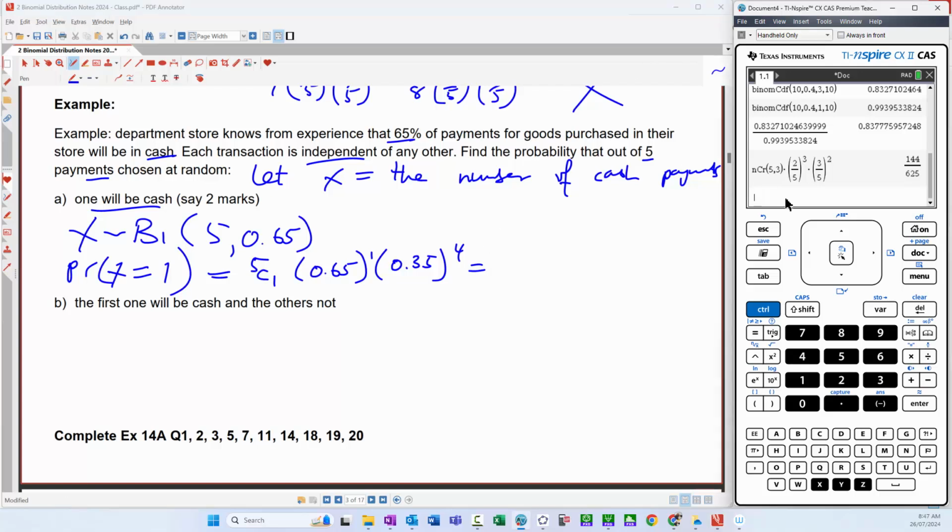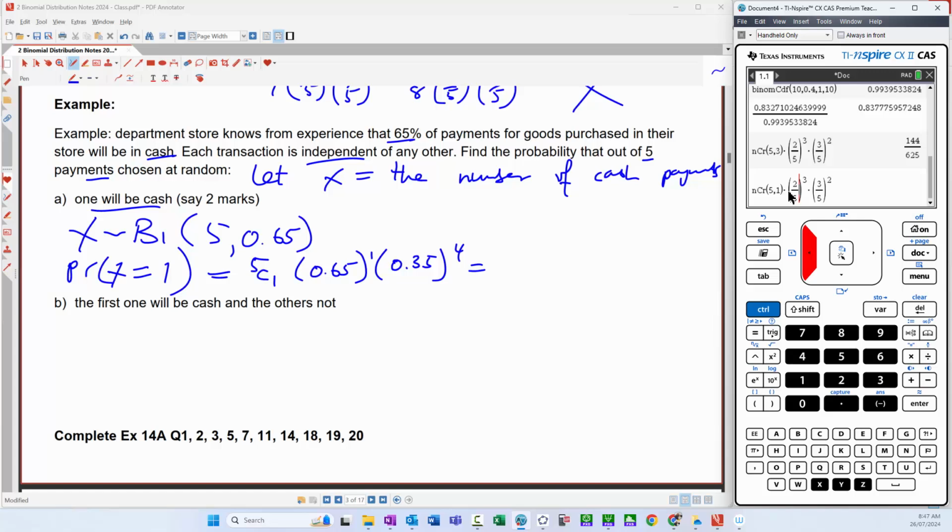Okay, so for this one, what you want to do is have your calculator either in exact mode or use fractions.